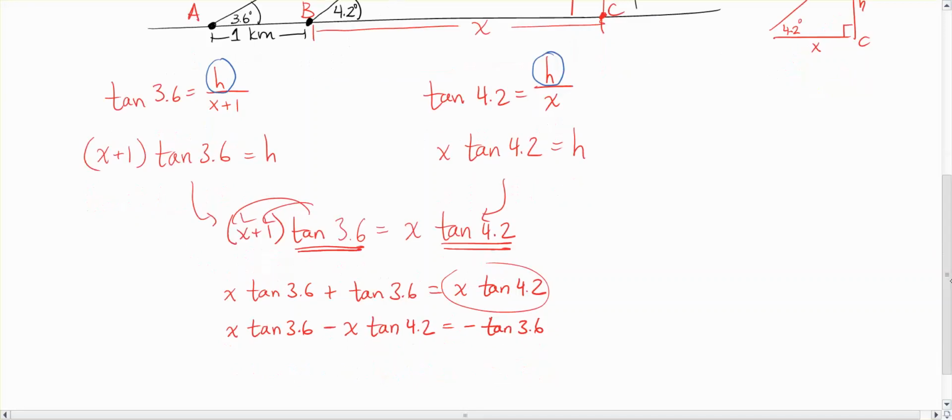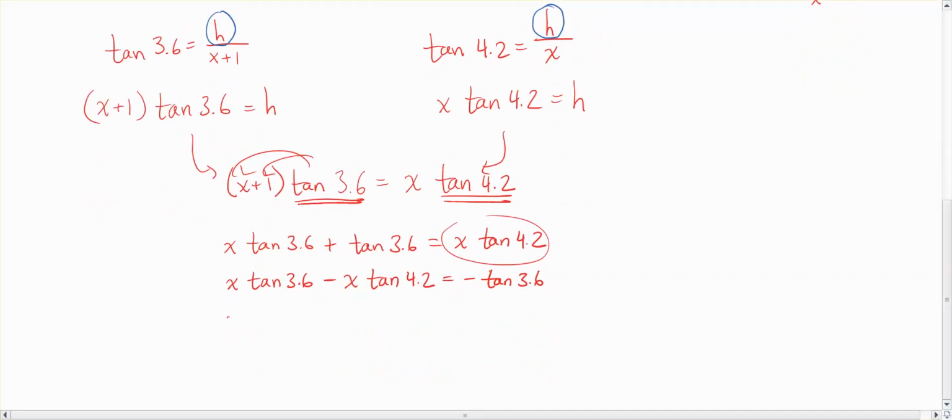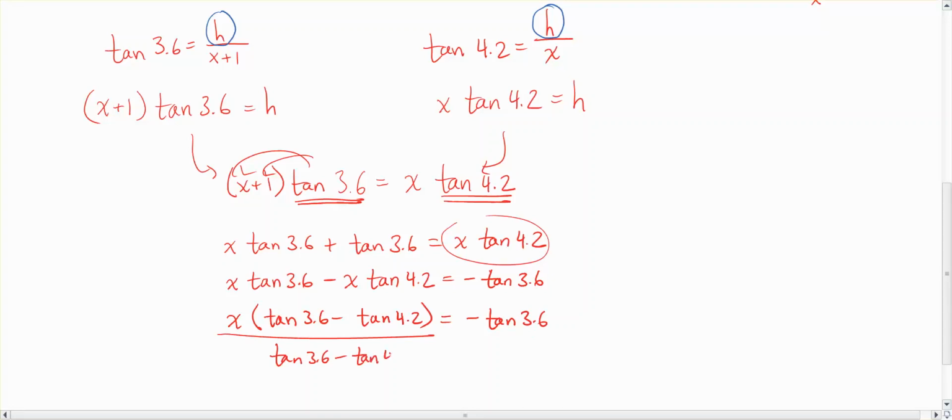And then I can factor out an X. X times tan 3.6 minus tan 4.2 equals negative tan 3.6. And to get X by itself, I'm going to divide everything by tan 3.6 minus tan of 4.2.